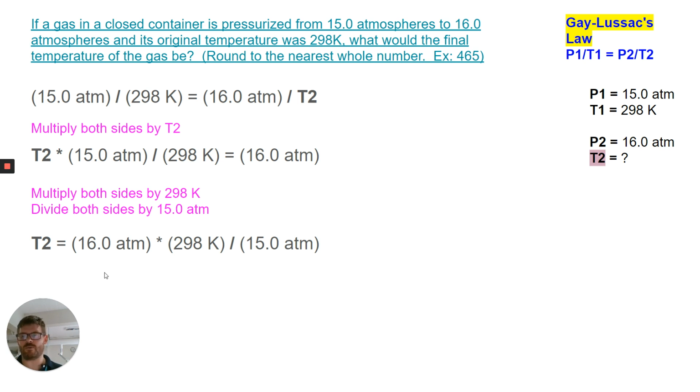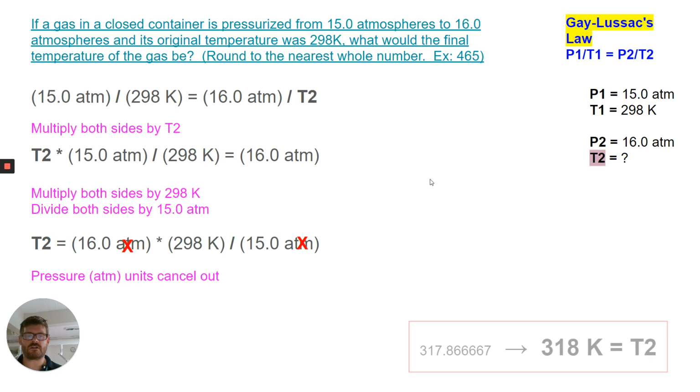So this is what it's going to end up looking like, and from there we can just put those numbers into our calculator. Our pressure units are going to cancel out, and we'll be left with our temperature, which is what we're looking for, in Kelvin.